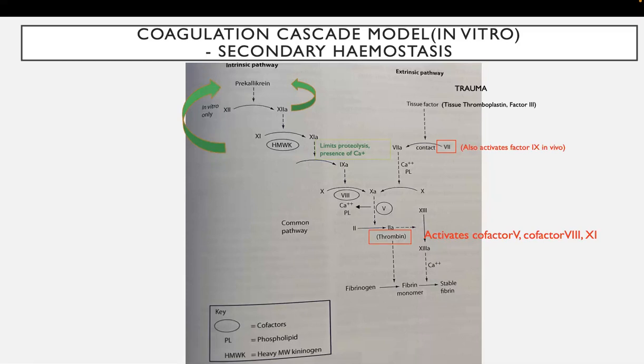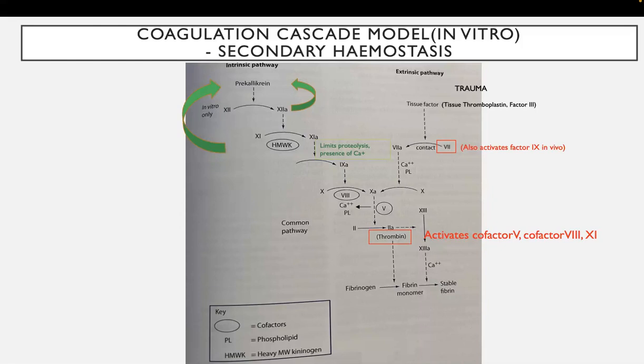With the common pathway, you have activated factor 10, and this complex we call the prothrombinase complex, because the byproduct of this complex is thrombin. Tenase complex, the byproduct of that complex is factor 10.